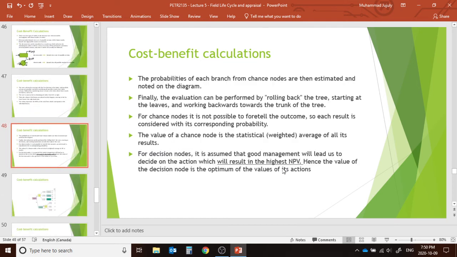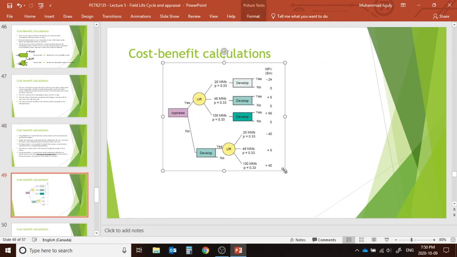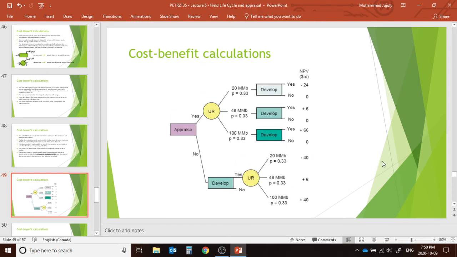So we'll see how we'll actually solve the problem. Okay, let's see. So here is the cost benefit calculation problem. Now here is the decision. We do the exploration, and then we have three different scenarios.